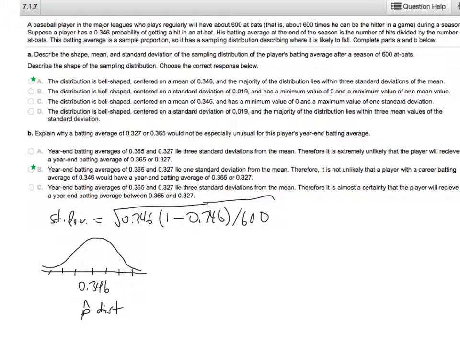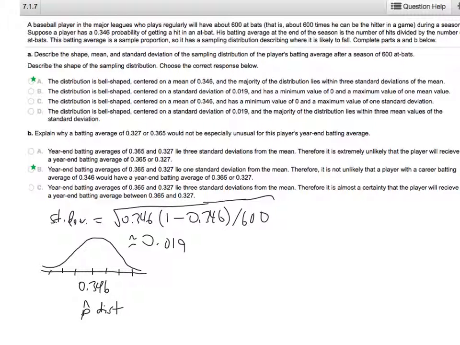If you actually figure that out, that's the 0.019 that you see floating around this problem. That's how far you go for each of these tick marks. So that's what it's going to look like, and that's just based on reading the problem.